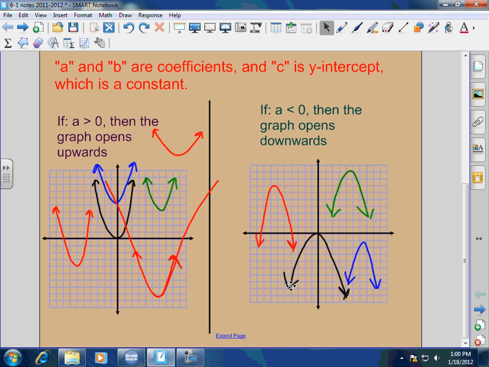Again, all the A is telling you is, hey, reader, this graph is going to open downwards. So right there off the bat, even if you don't get the right parabola, you're going to at least know on your homework and on your quizzes and on your tests that you're at least going in that direction.